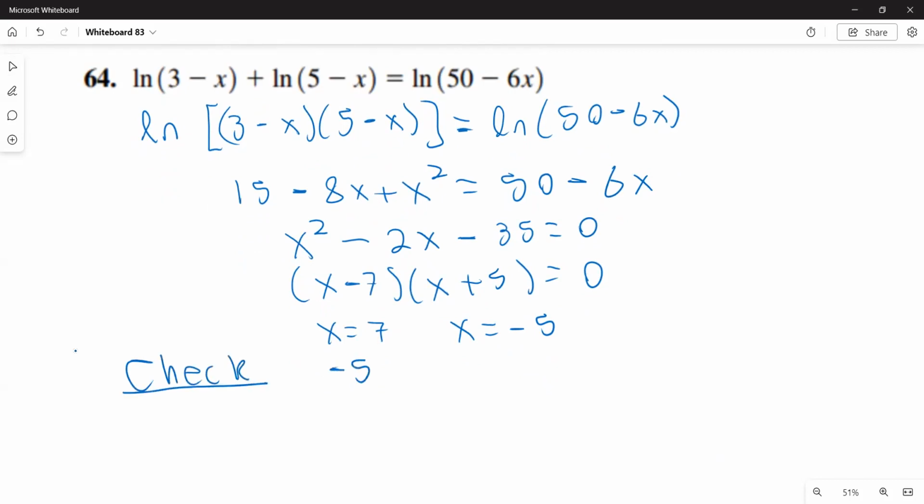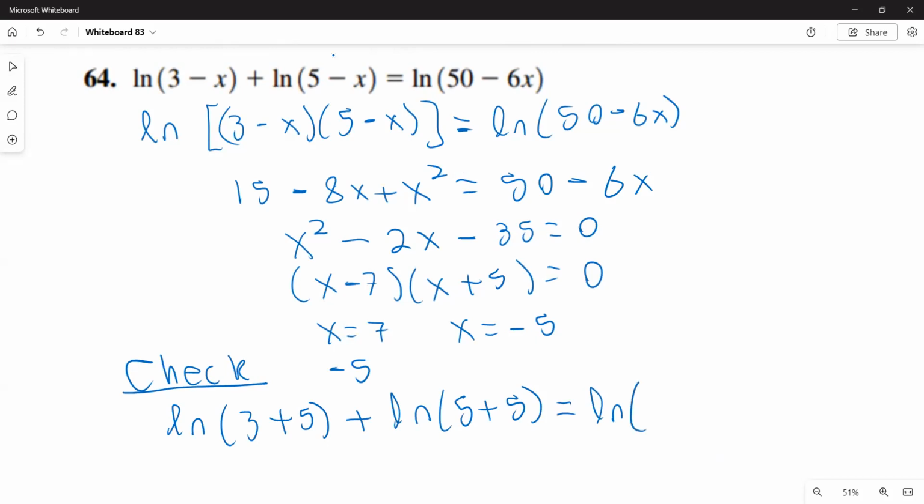Let's check negative 5. We have natural logarithm of 3 minus negative 5, that's 3 plus 5, plus natural logarithm of 5 plus 5, equal to the natural logarithm of 50 minus 6 times negative 5.